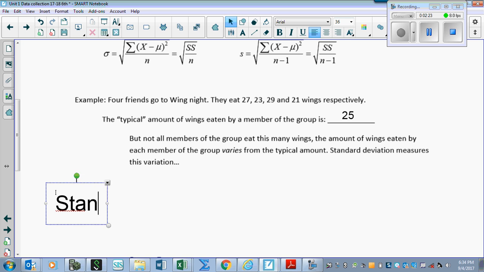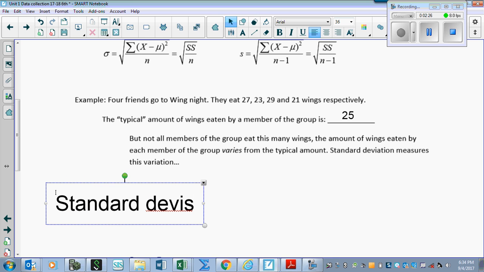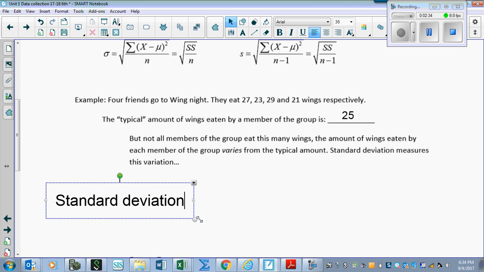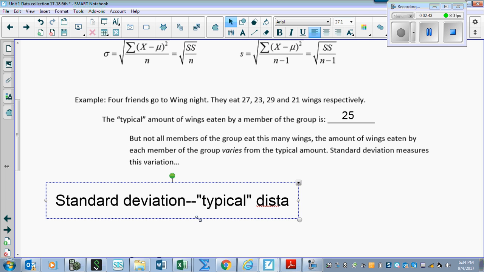So for standard deviation, excuse my typing, we'll call this the typical distance from the mean.